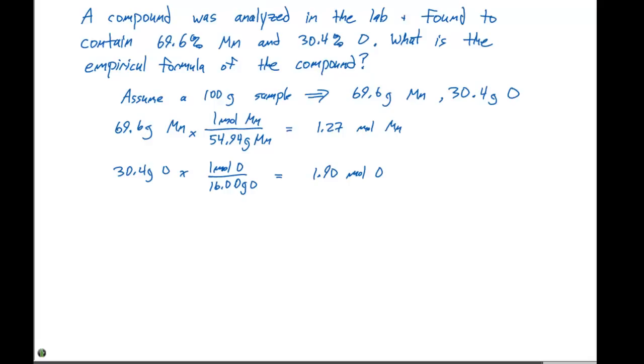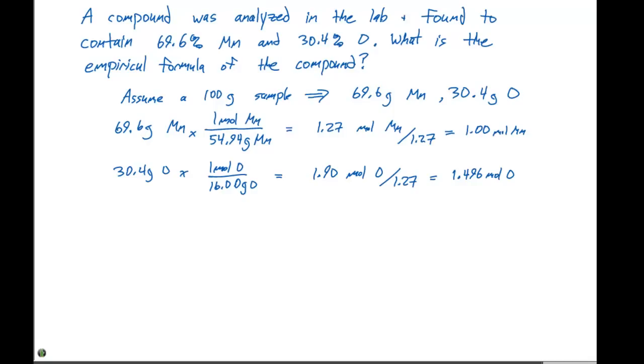So now we've determined the number of moles for each element, and we now need to divide by the smallest number of moles. So that's going to be the 1.27. So we're going to divide both of these numbers by 1.27. That gives 1.00 moles of manganese, and 1.496 in terms of the moles of oxygen. So the next step will be to multiply by a factor to get whole numbers.